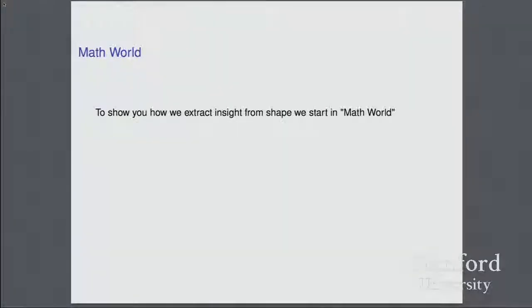Okay, so I'm going to step into the TDA in a couple steps. First, I'm going to start in math world. We're not in data world yet. What do I mean by math world? I'm going to draw the data as a smooth manifold. So it's just going to be a smooth shape.